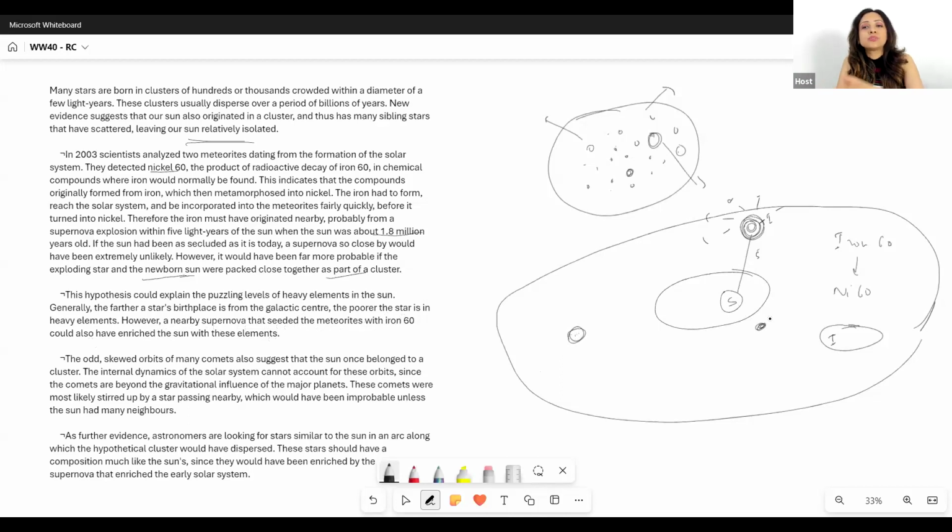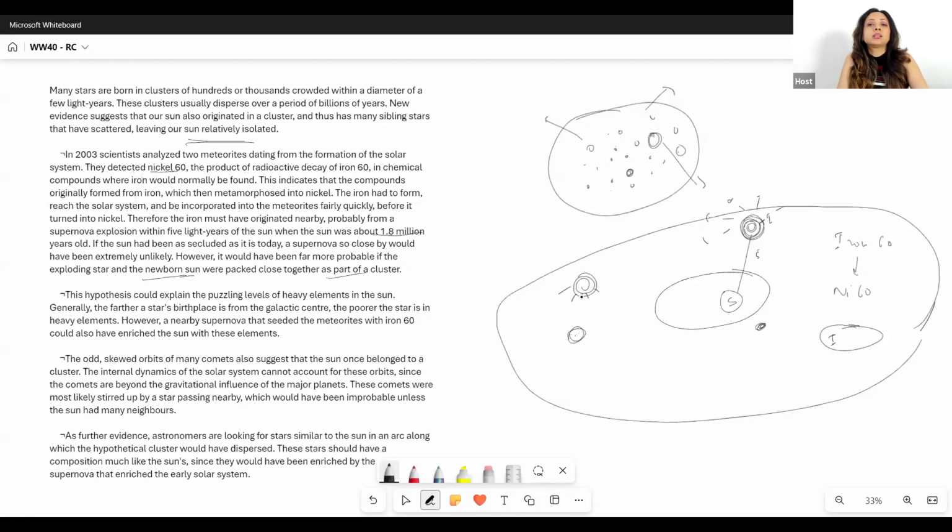The center is where you find the heavy elements. If the sun had originated somewhere over here at the center, then we would have expected it to have a lot of those heavier elements. But the sun originated somewhere over here, and we don't expect it to have so many, but it does. So in case we say that there was a supernova that occurred pretty close to the sun, then I could also explain through that why the sun has these heavier elements, because I have been told that a supernova creates heavy elements like iron.